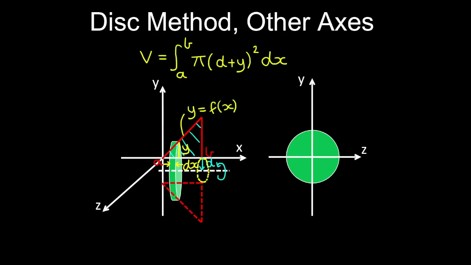So the volume of this cylinder is pi times the radius squared, which is the area of the cylinder, multiplied by b minus a. And that gives the volume of the revolved solid. So you'll see that using the disk method is not always ideal, and we'll learn other methods as we go along.